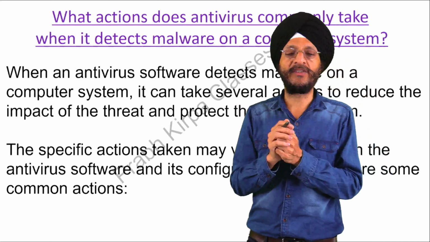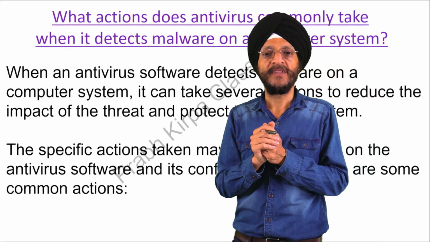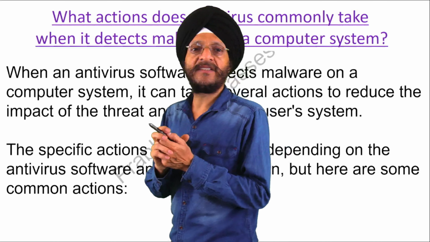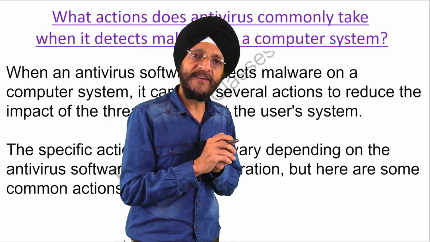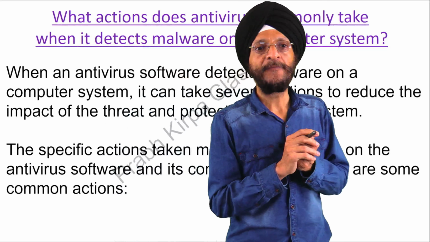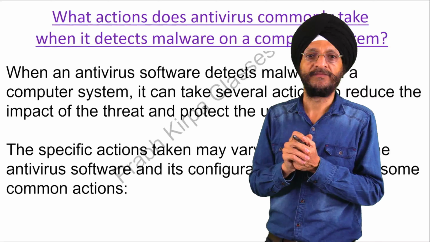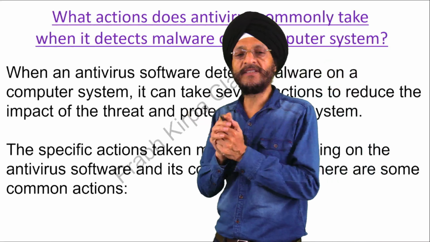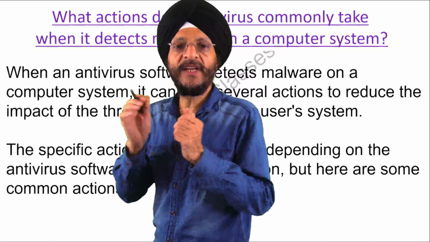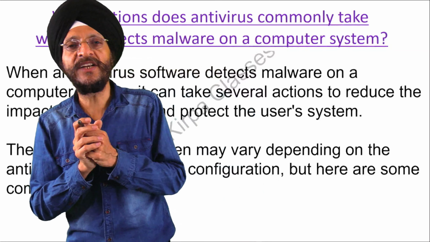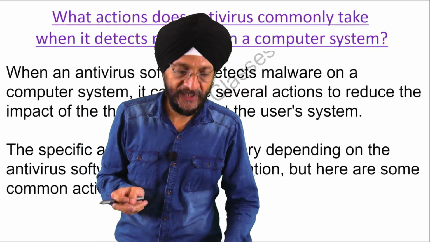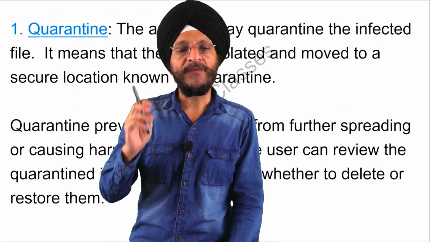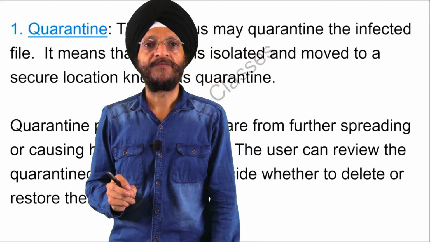Now, what specific action the antivirus takes depends on the antivirus software and its configuration. But here we will discuss some of the common actions which are generally taken by the antivirus software on detecting the malware. First is quarantine.